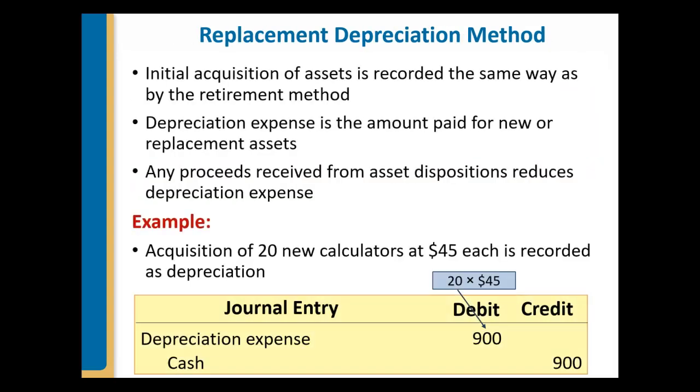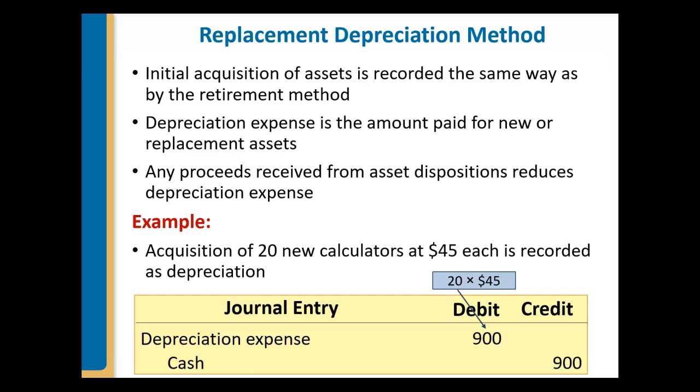By the replacement depreciation method, the initial acquisition of assets is recorded the same way as by the retirement method, which is the aggregate cost is increased. However, depreciation expense is the amount paid for new or replacement assets. Any proceeds received from asset dispositions reduces depreciation expense.